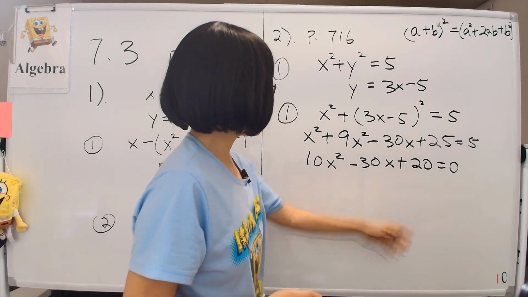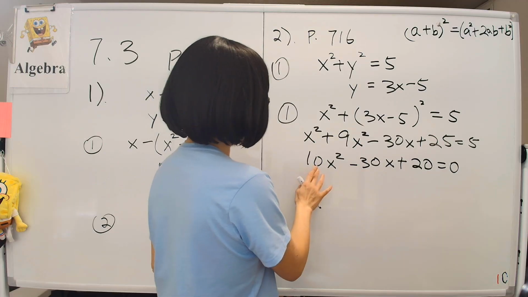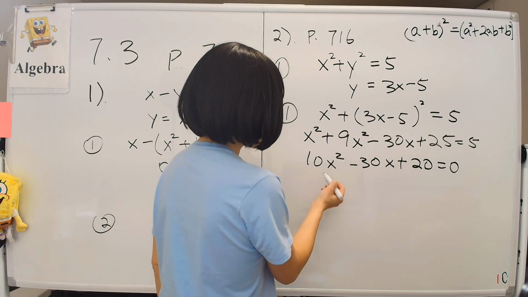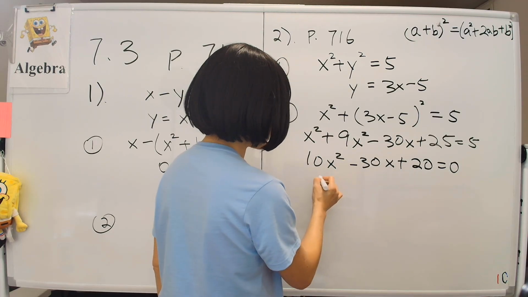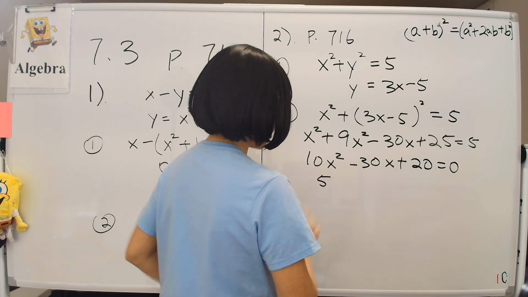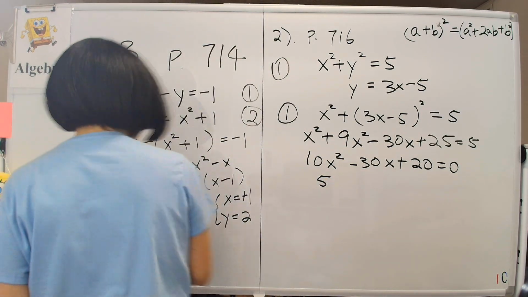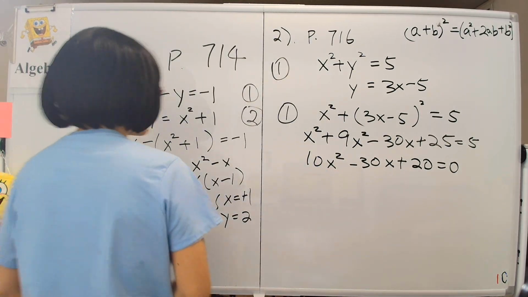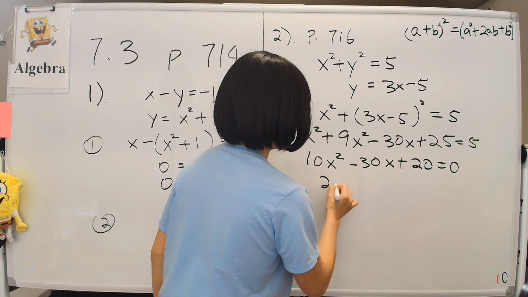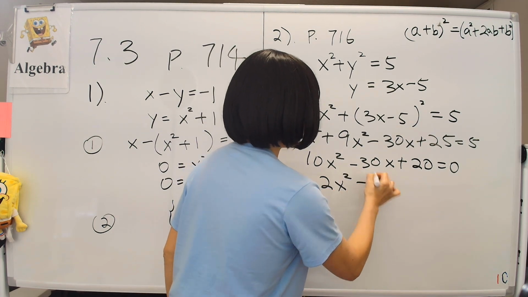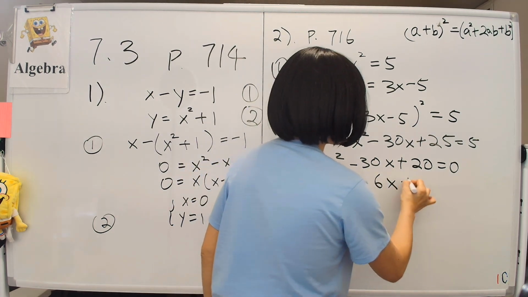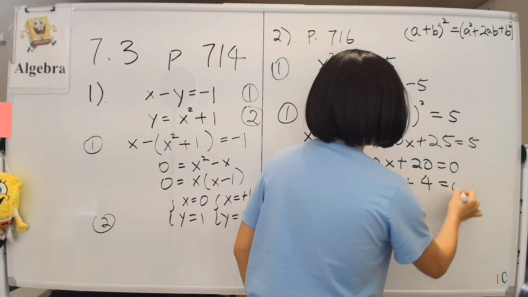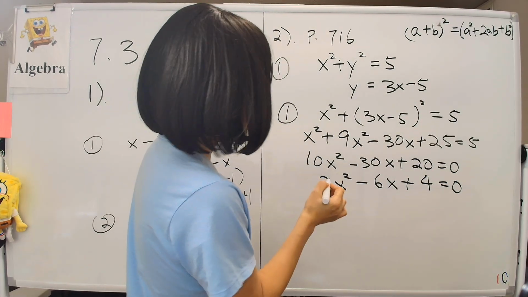So we have this, and these have a common factor of 5, so we'll reduce it. Divide everything by 5 to make it simpler. After dividing by 5, 10 divided by 5 is 2, so we have 2x squared minus 6x plus 4.